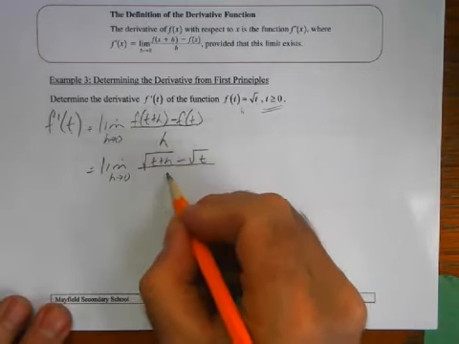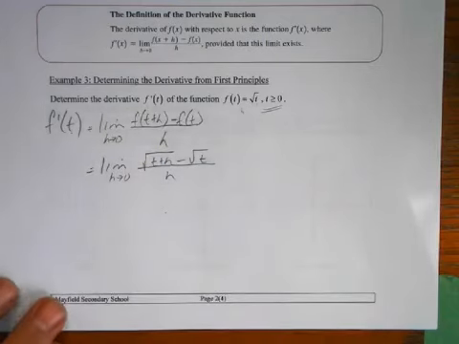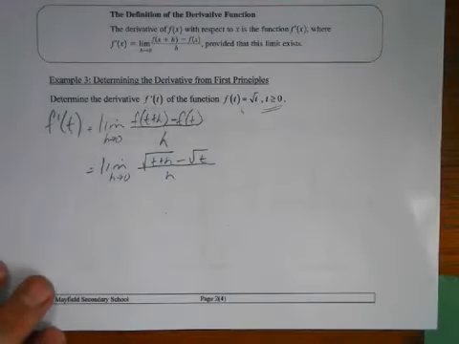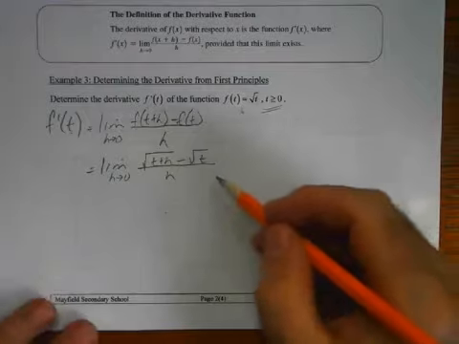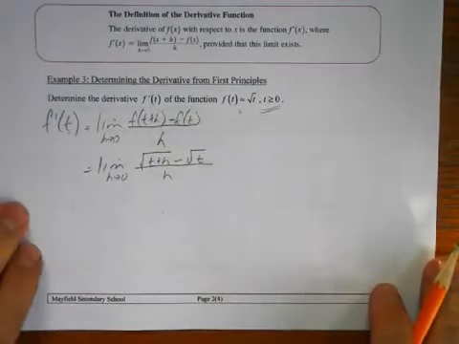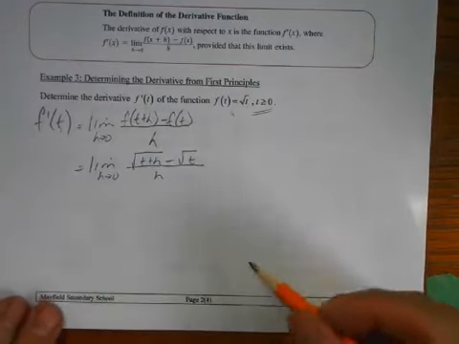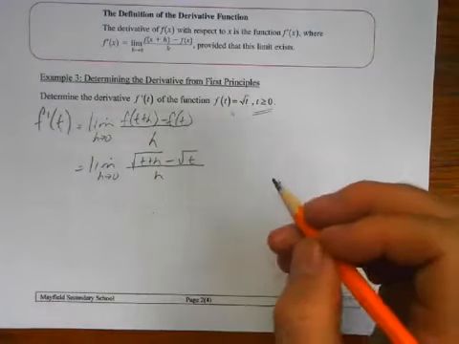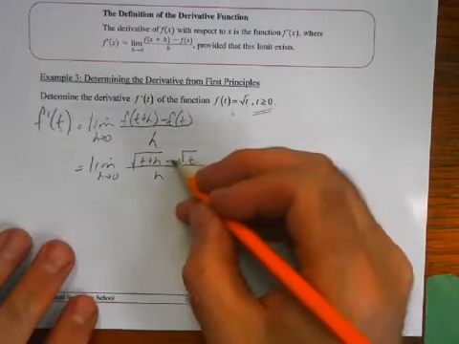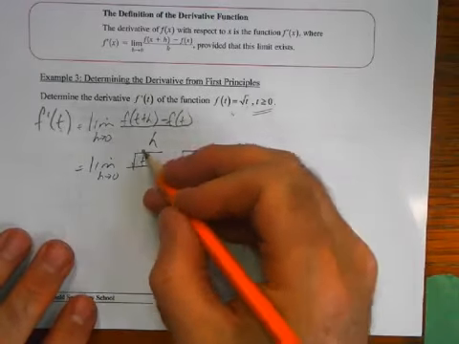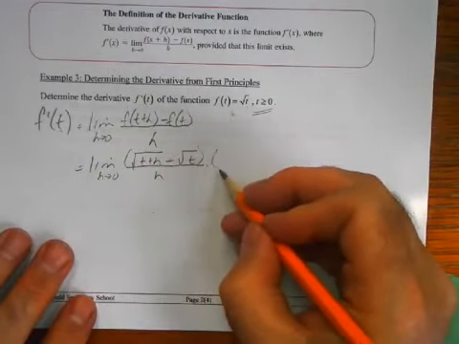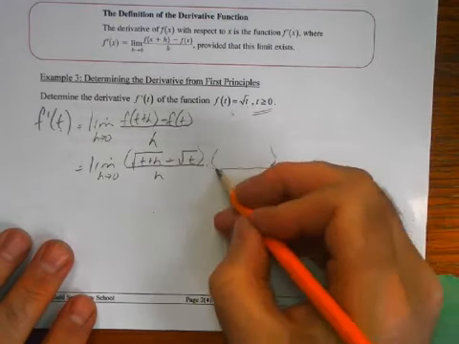Now this does not cancel things on its own like the last two, but if you remember, this is where we would use rationalizing the numerator. So we multiply both top and bottom by the conjugate of the numerator. That's going to actually help us get rid of the h.